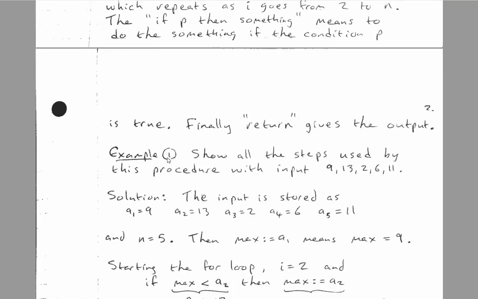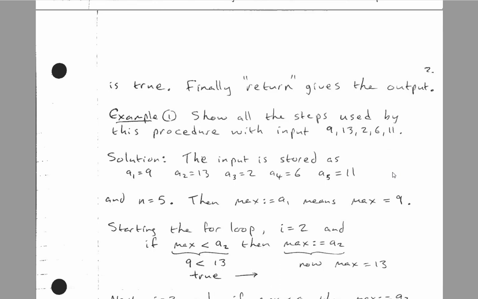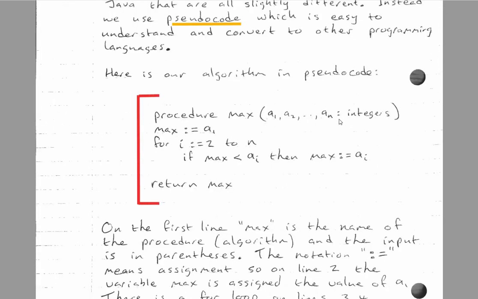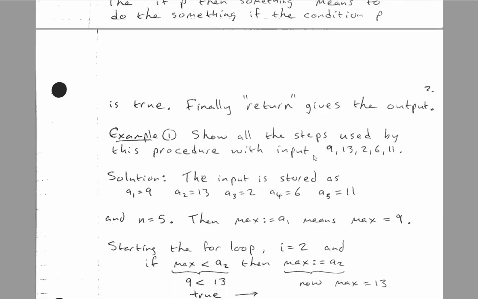Let's see an example. Show all the steps used by this procedure if you give it this input: 9, 13, 2, 6, 11. First, our input gets stored like this.